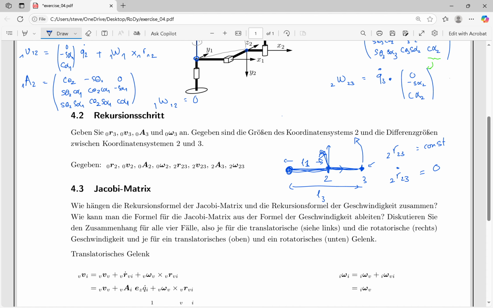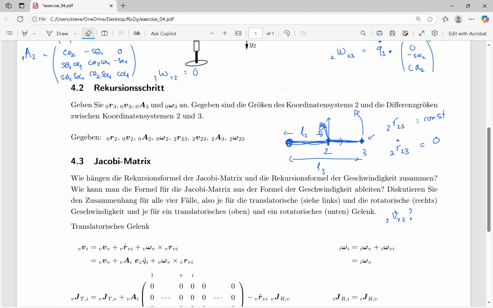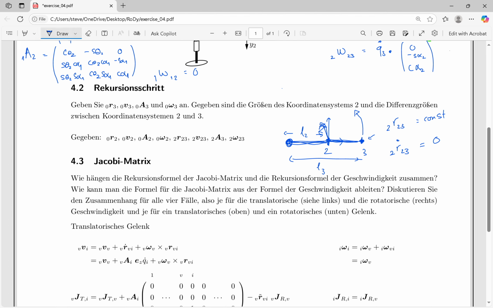Oh, L2 actually, I mean L2, right? So what is V223 in this case? Well, for that we have to translate everything into the inertial frame, right? And in the inertial frame, let's say everything is rotating with some angular velocity omega.